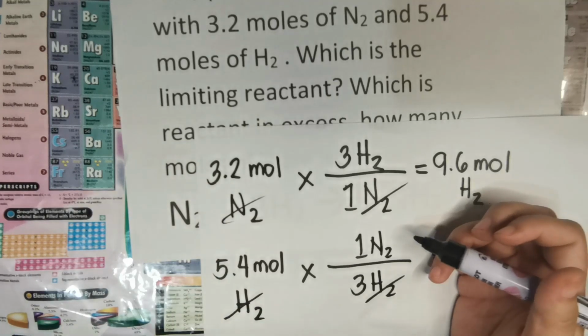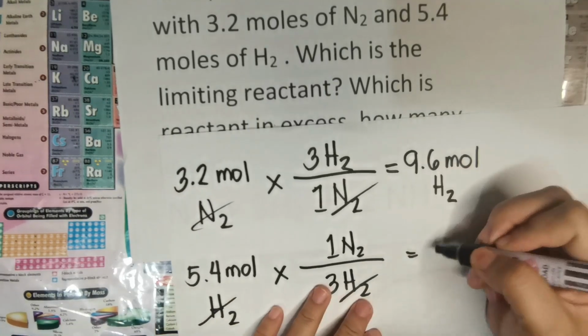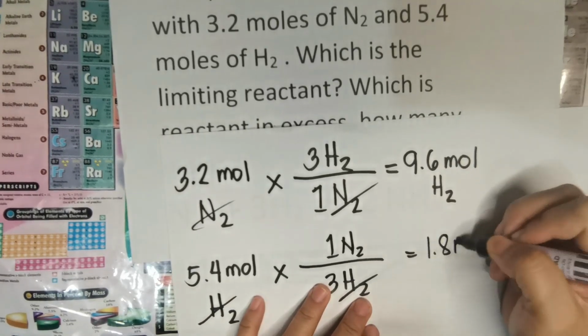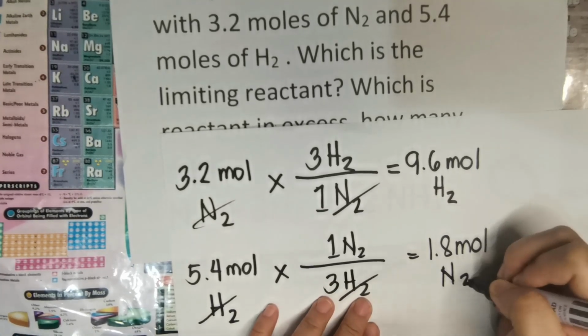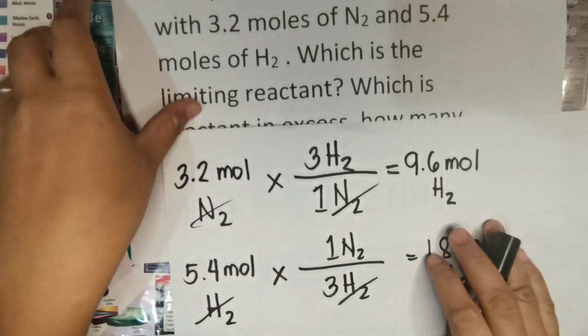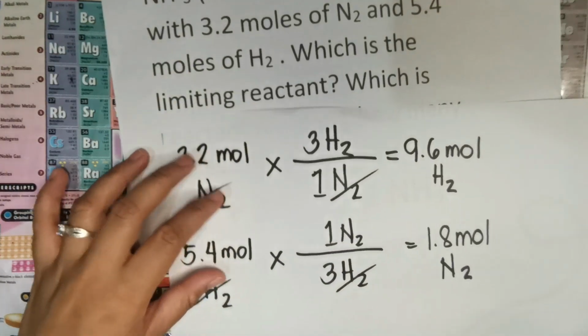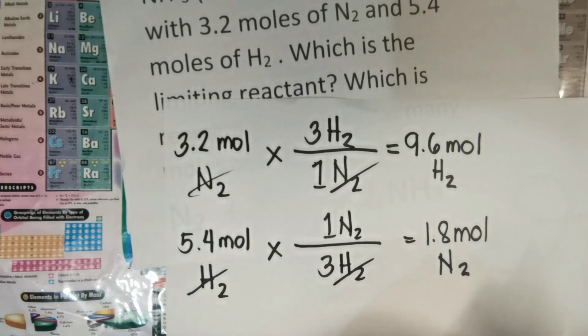So, 5.4 divided by 3, so we will have 1.8 moles of nitrogen gas. Now, let us try to identify. Kasi tapos na agad eh. Kanina kasi medyo mahaba dahil nag-convert pa tayo from grams to mole.